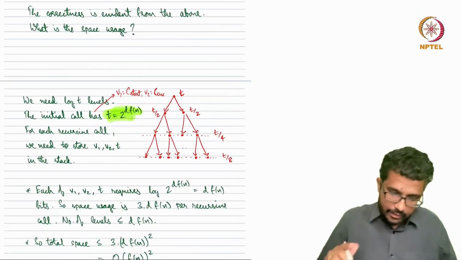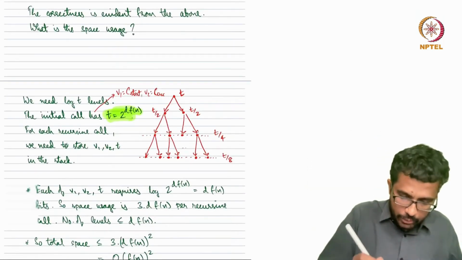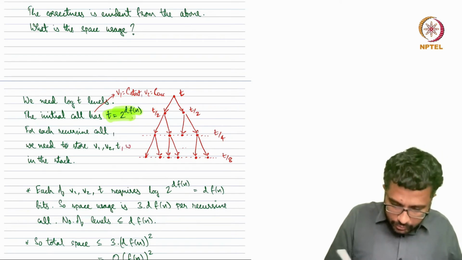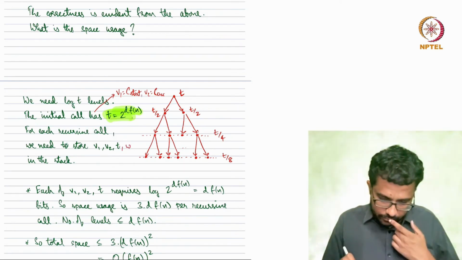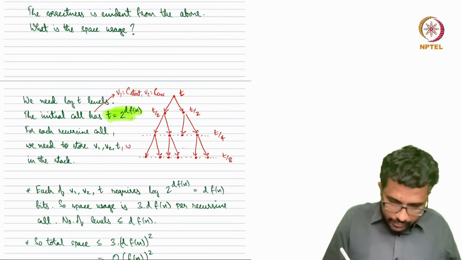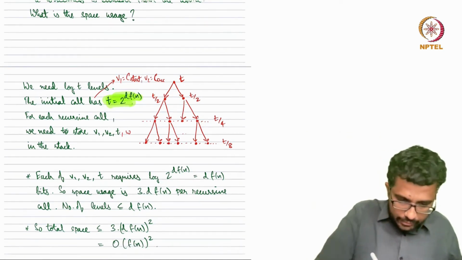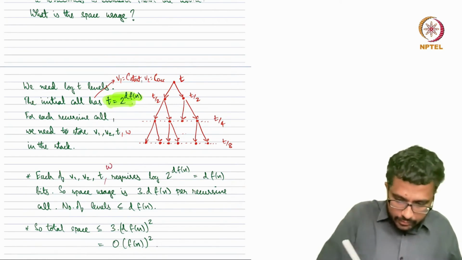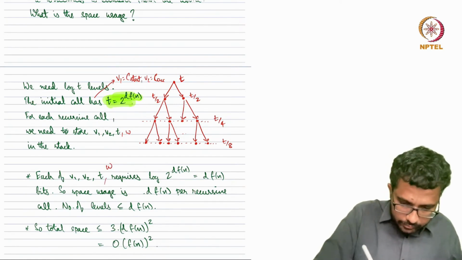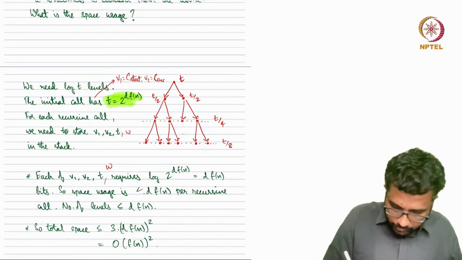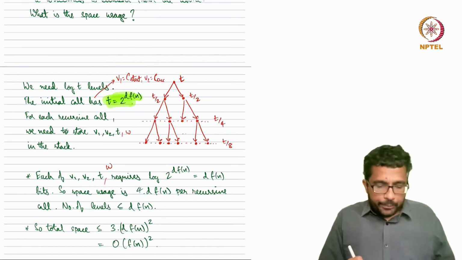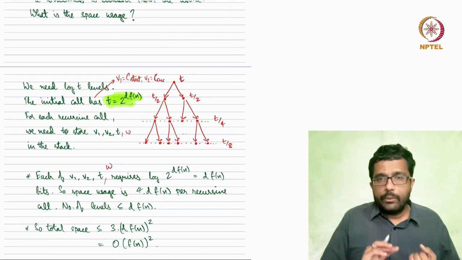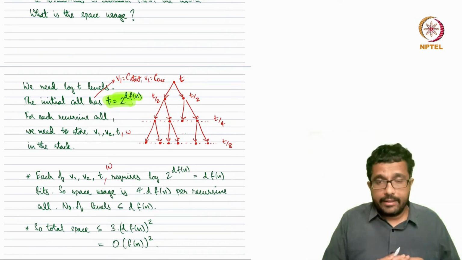So I need to mention w also. So now let's see how much we need to remember: v1, v2, t, and w at each recursive call.